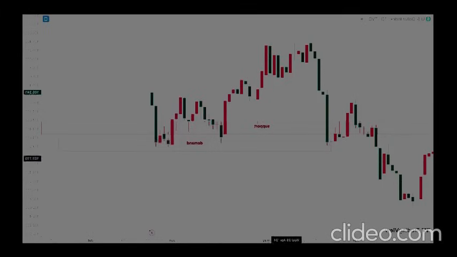Demand zone. This shows the way the market moved very sharply.